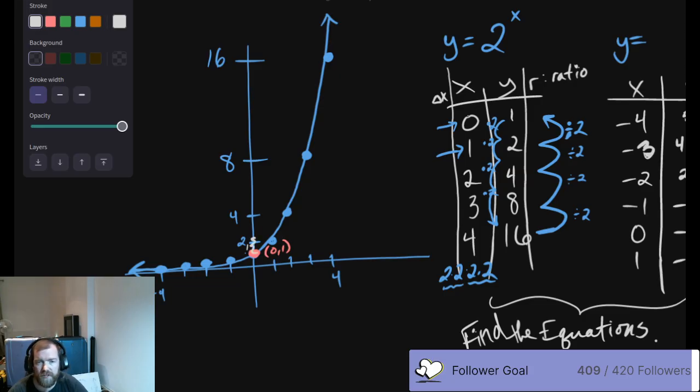That distance here is 1, which doubled the distance that we started with down here. On the next one, we've got a distance of 2, and we're doubling the distance again. On the next one, we've got a distance of 4, and we're doubling it. On the next one, we're doubling it again.